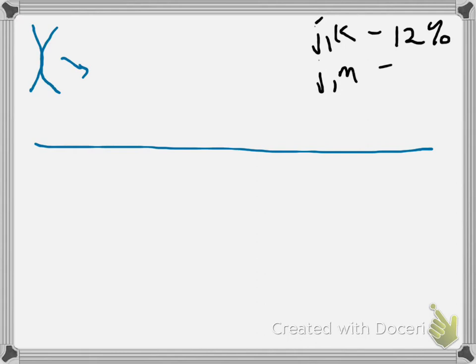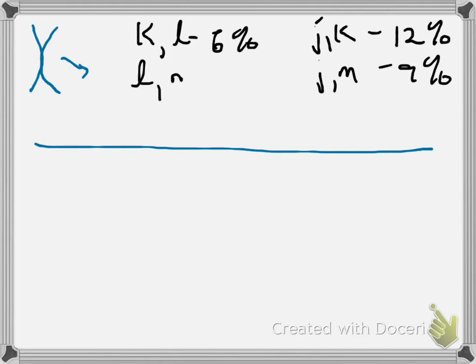J and M are 9% apart. All right, over here I'm going to put K and L are 6%, or 6 map units apart. And L and M are 15 map units apart, 15%.